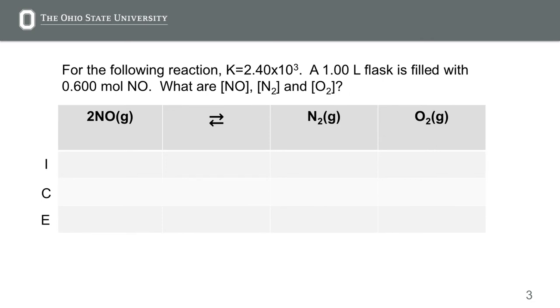So we have an initial concentration of NO of 0.600 moles per liter. Again, we're given moles, it's in a 1 liter flask. And no initial concentrations of our products.